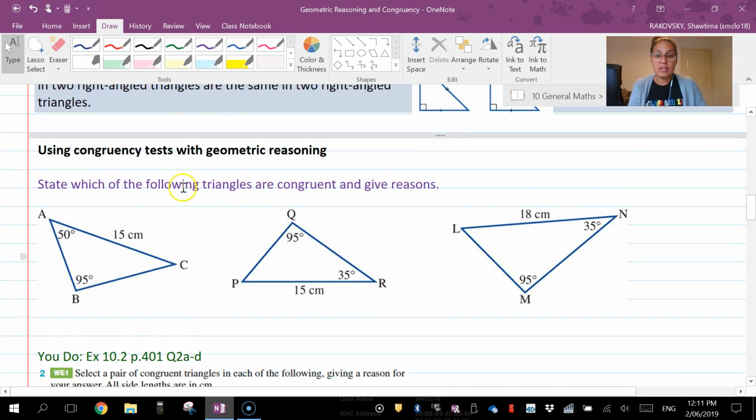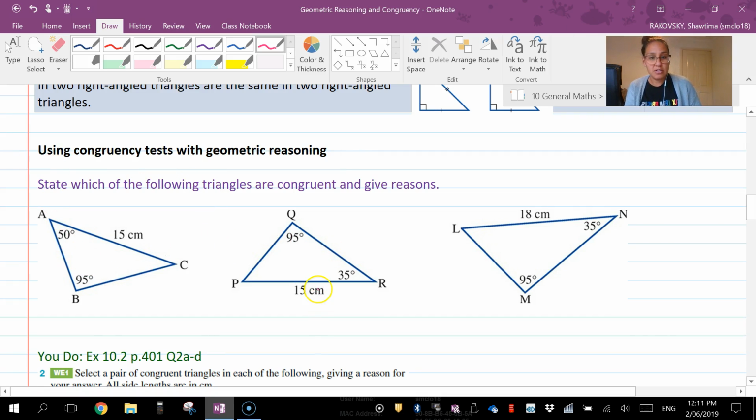If we have a look at these 2 triangles, we know that this is going to be 50 degrees, and this is going to be 50 degrees, because 180 minus these 2 values gives us those. Sorry, this one here is 35. So all the angles are the same.